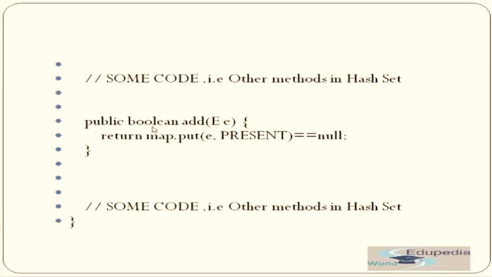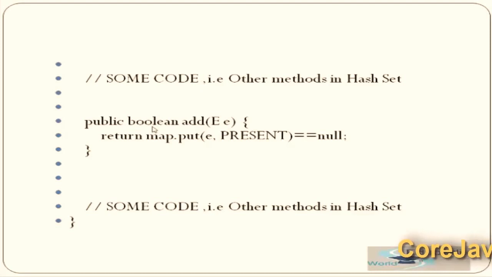Now, what about the other methods? Let's say if there is a remove method or a get method, how will that work? Well, that also refers to the map, because if we do remove, then it internally calls the remove of your map, sending the key in the remove method. Similarly, for get, it internally calls the get method of your map class.